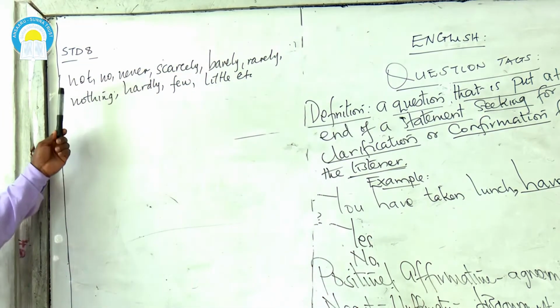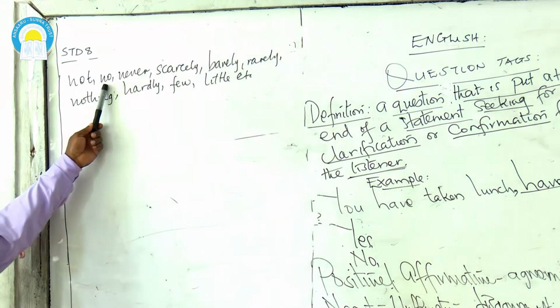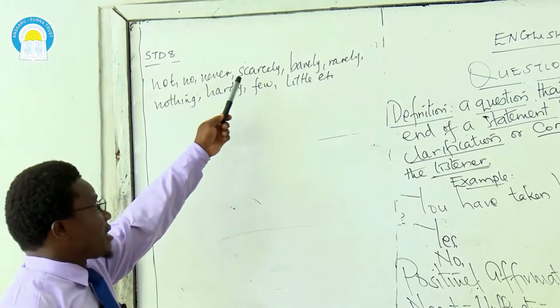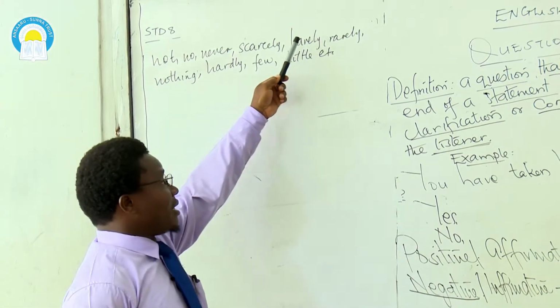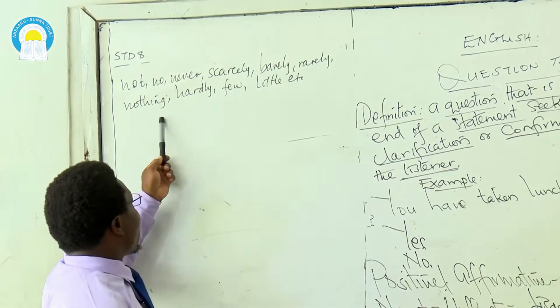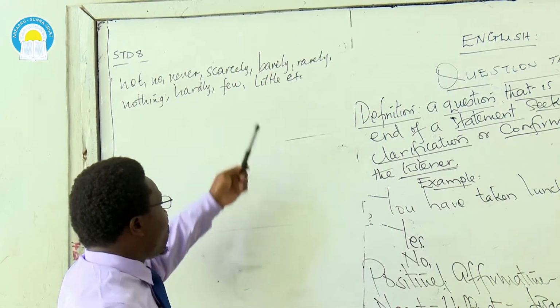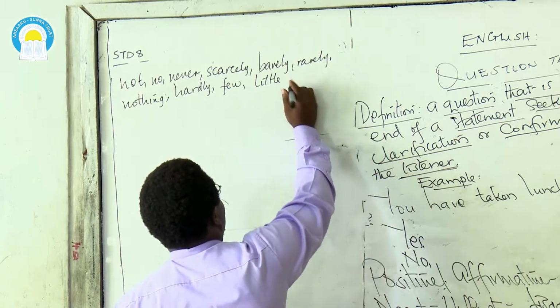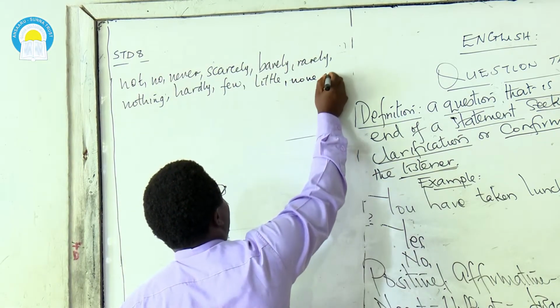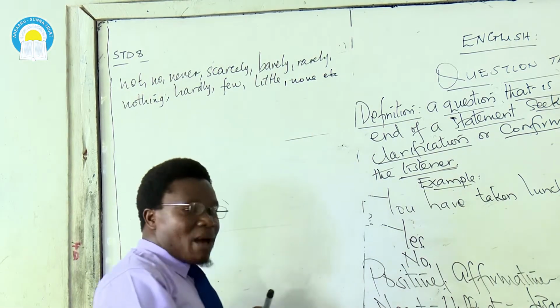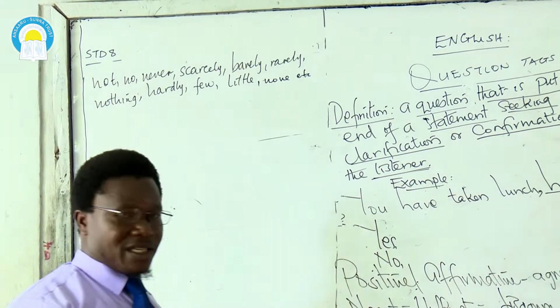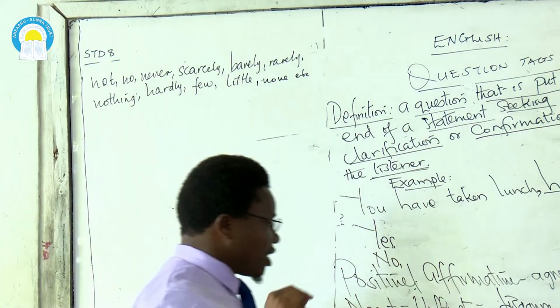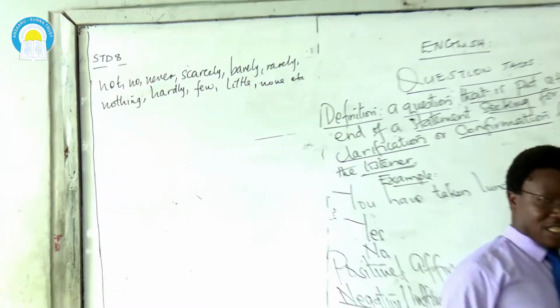Words like not, no, never, scarcely, barely, rarely, nothing, hardly, few, little, none, among others, when they appear in a statement, that statement is treated as negative.